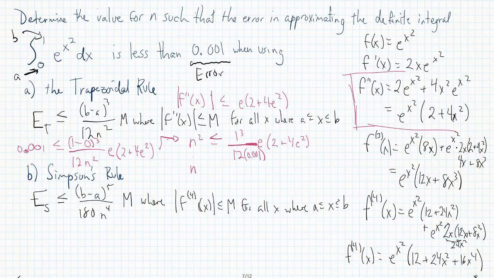I had a little writing mistake. Yeah, so when we do this, we can actually solve for n, and my apologies. A little caveat.